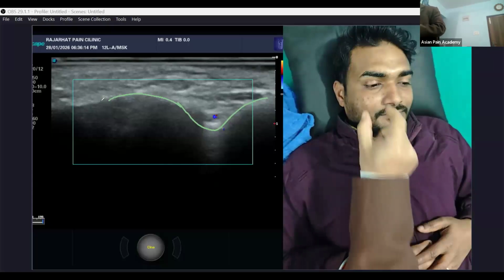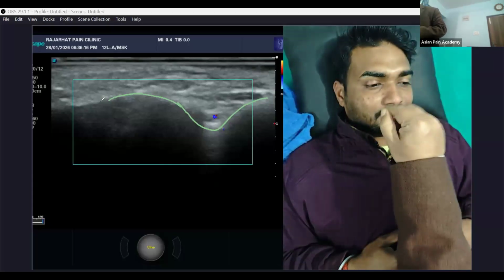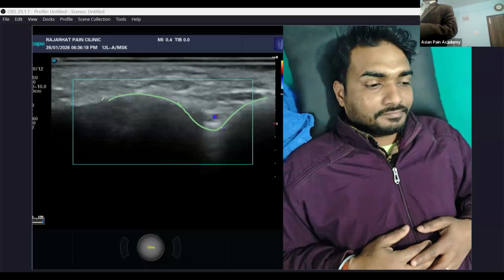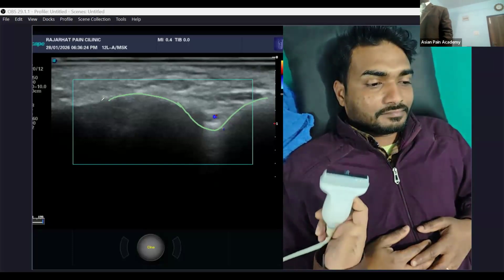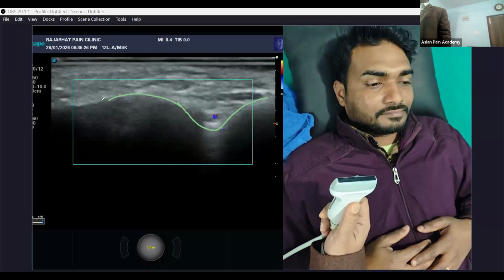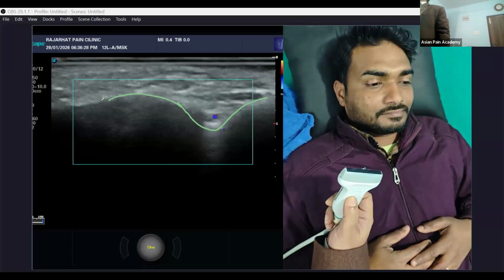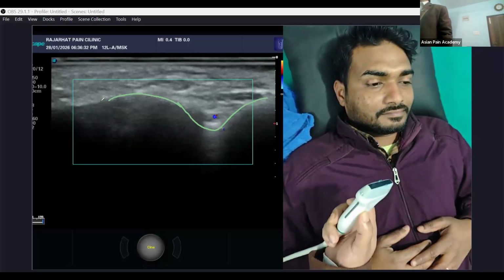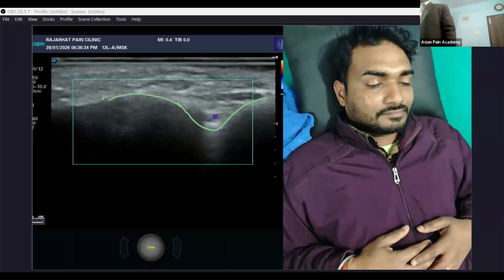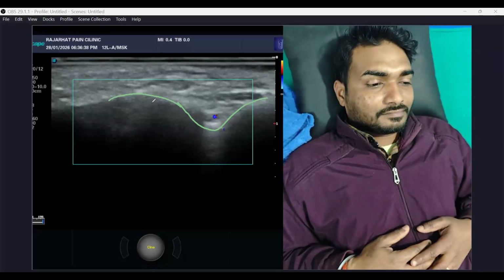You will put the probe like this and go from above to below, as in the out of plane approach. And here I am using this big linear probe. You can use a small hockey stick probe also. That is also ultimately a linear probe only, but the footprint is small.